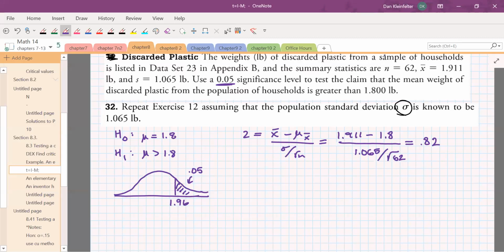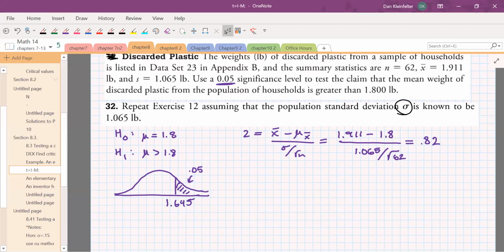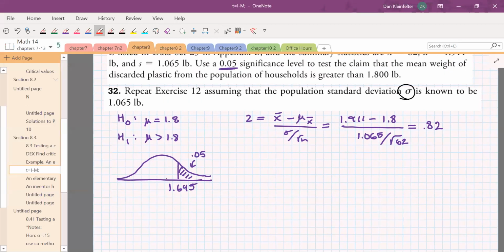All right, so I've gone ahead and calculated the test statistic. It works out to be 0.82. We had taken the sample mean minus the hypothesized mean divided by the sigma that we were given this time, divided by the square root of n. As it turned out, I had the wrong critical value here. I had looked at the wrong place in the table. It's actually 1.645. Fortunately, it doesn't change our conclusion because the 0.82 is not bigger than either of those two numbers.